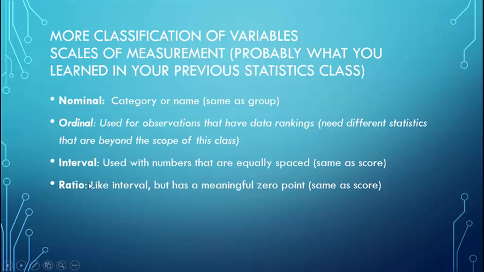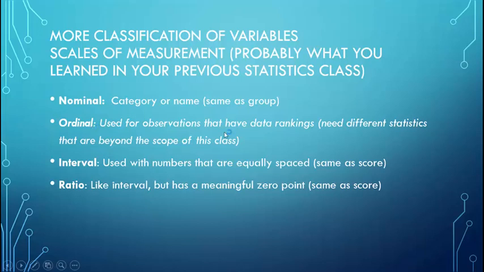We're going to go through these in a little more depth, and again, you probably heard these before. Nominal variables are categorical or named variables. This is the same as a group variable that we just talked about. When people fall into some kind of category, named groups or named categories, that's a nominal variable.